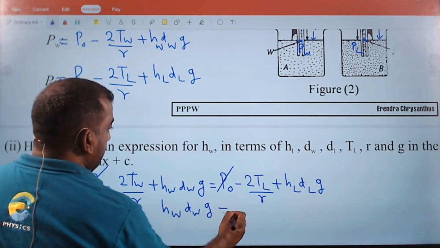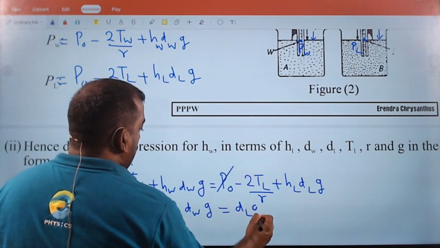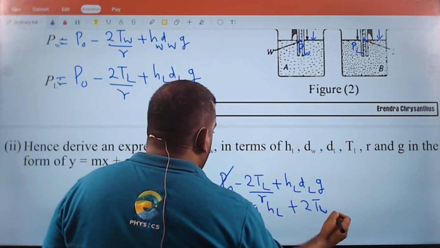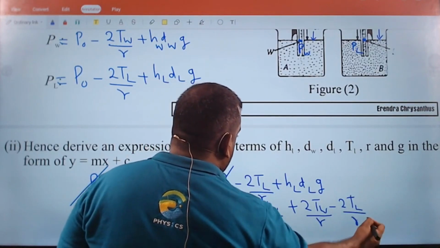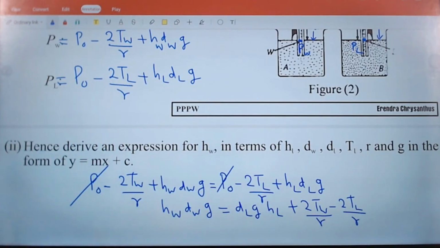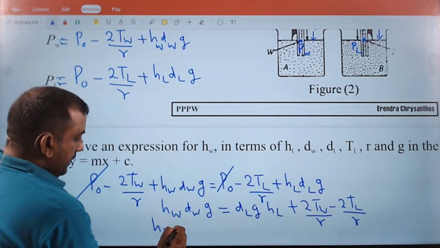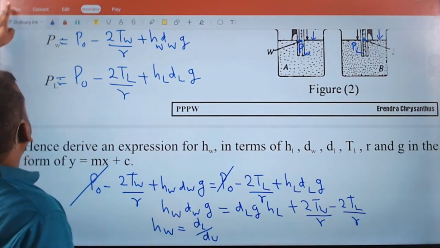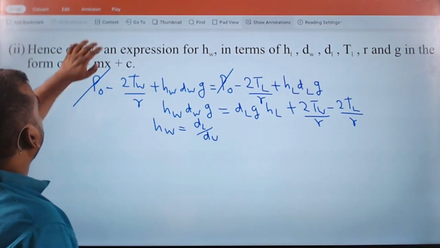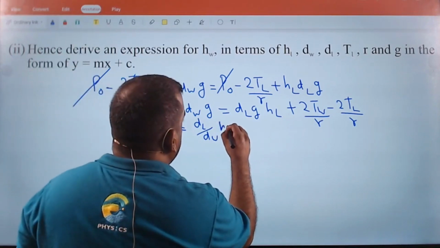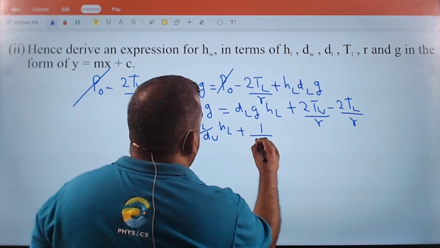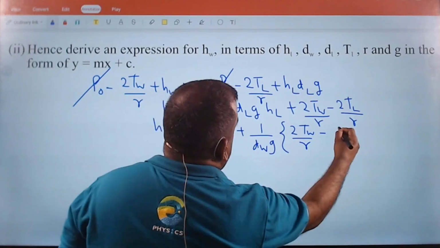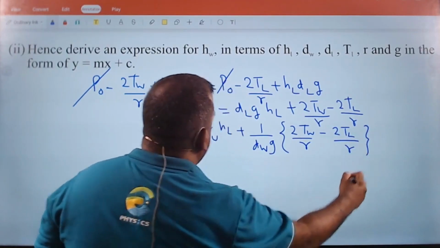HW dW g equals dL g HL, and take the rest to the other side: 2TW over r minus 2TL over r, divided by dW g. HW is equal to dL over dW times HL plus 1 over dW g times (2TW over r minus 2TL over r). There you go.